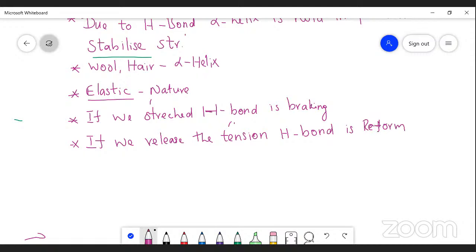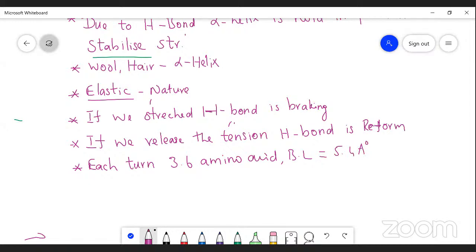Okay. Now, in each helical structure, each turn consists of 3.6 amino acids. There are 3.6 amino acids present in each turn, and its pitch length is equal to 5.4 angstrom.